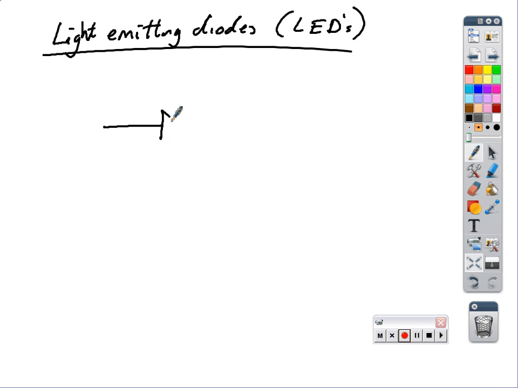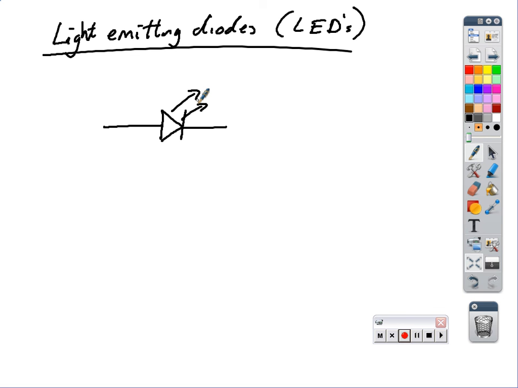You get your diode as normal, and this time you put two arrows coming out one side, and that's your LED diode. Okay, so that's a light emitting diode diagram.